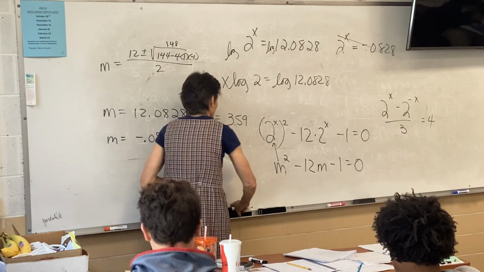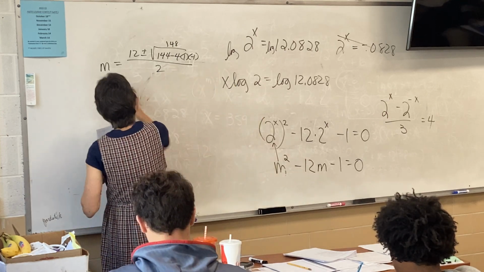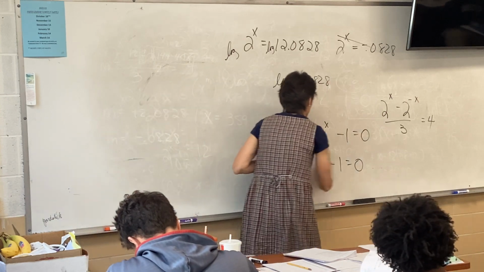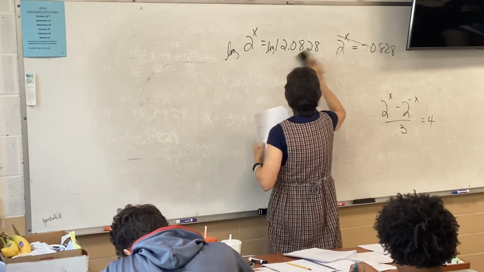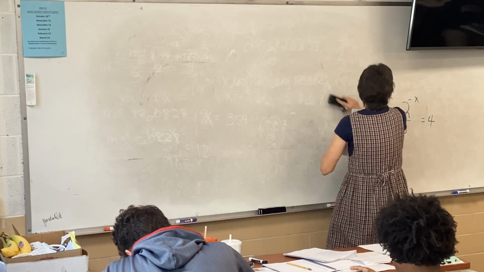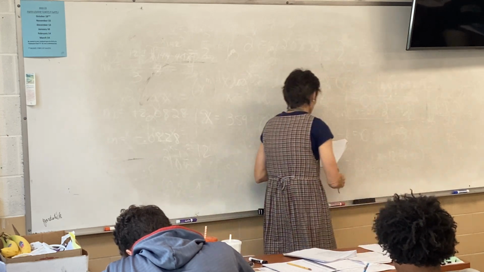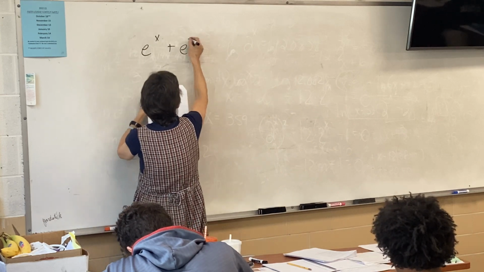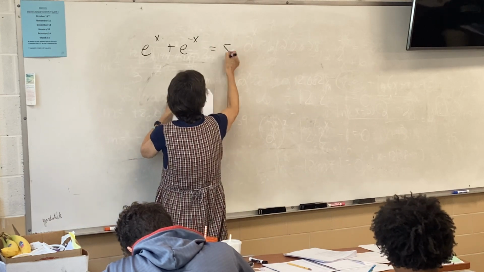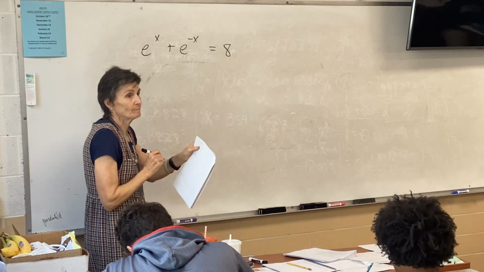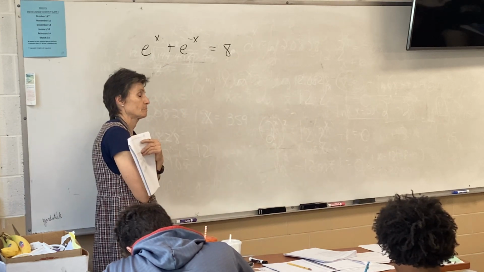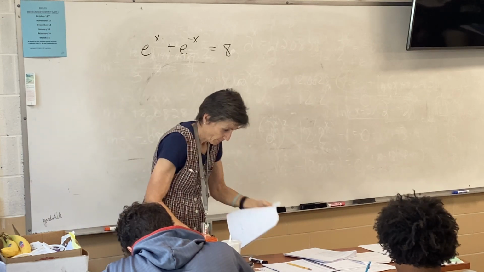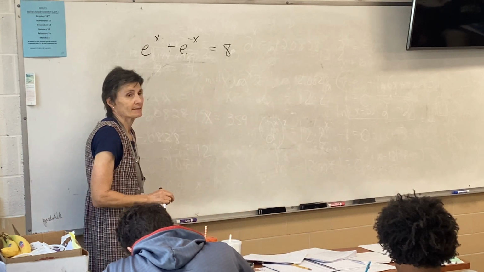Now that we've been through one, this next one shouldn't be as hard. All right, so think back, take a look at the problem. What might be a good way to get started? Multiply both sides by 2. All right, what do we do after that?